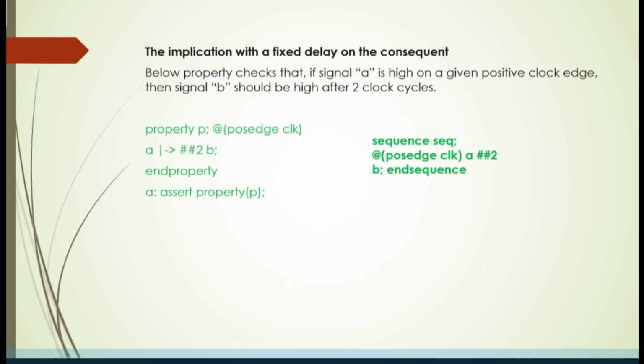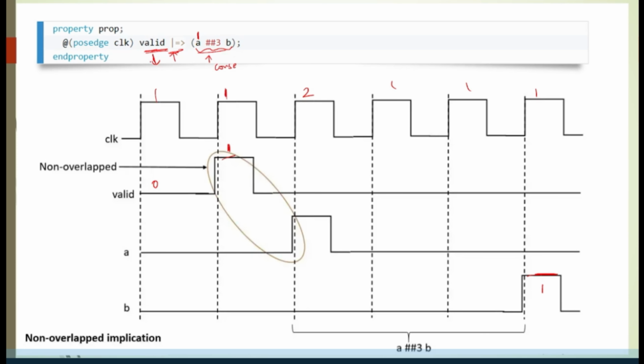Again, in these implication and non-overlapped implication operators also, just as in the previous session we discussed how we insert delays within the sequences, just like that, within these implication operators in the property also you can insert delays.